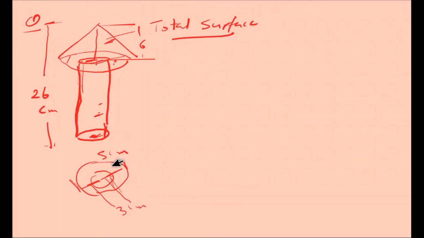Okay, so the radius of outside is 5/2, radius of inside is 3/2. Now height of this cylinder is 26 minus 6, that is 20.